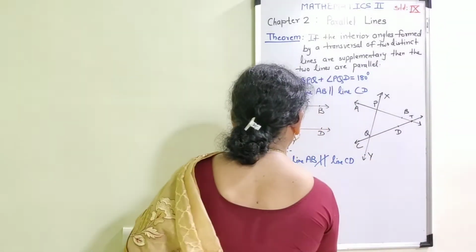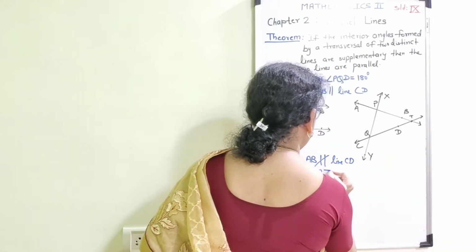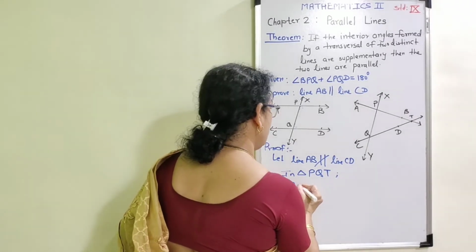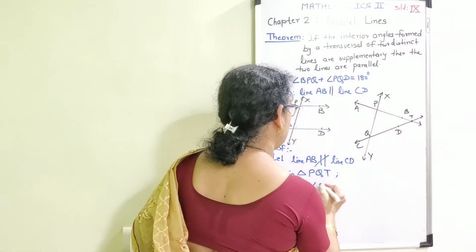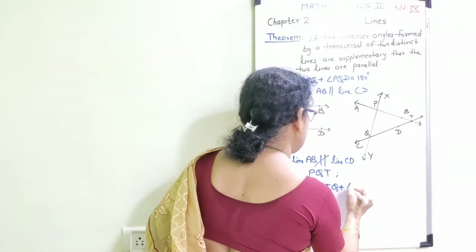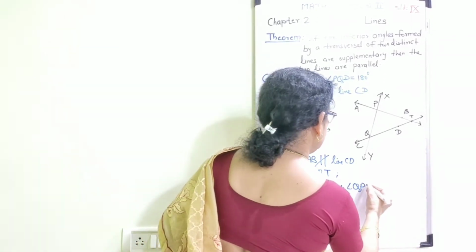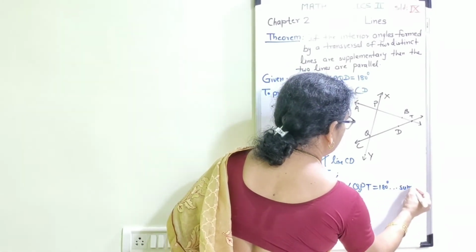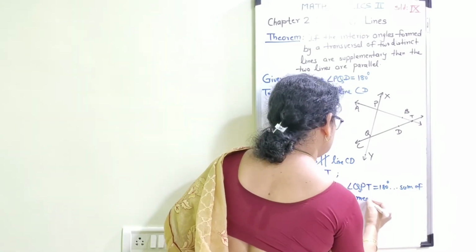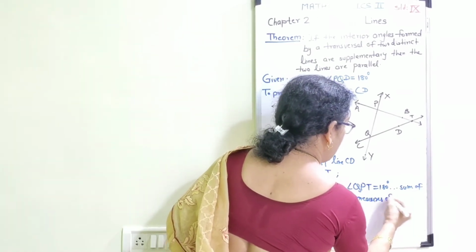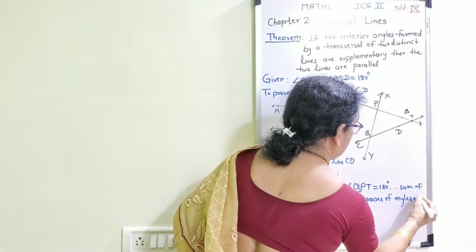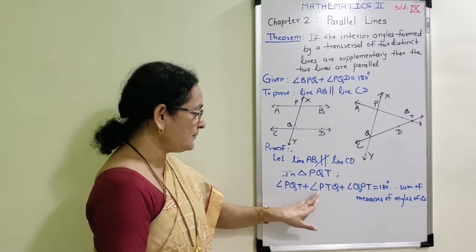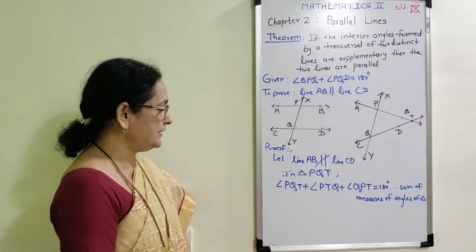In triangle PQT, angle PQT plus angle PTQ plus angle QPT is equal to 180 degree. The sum of measures of angles of triangle. Just now we have learned the theorem that the sum of measures of angles of triangle is 180 degree.